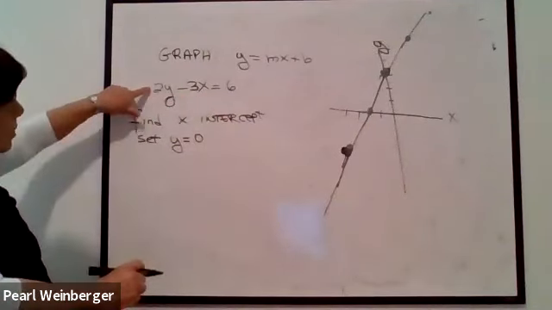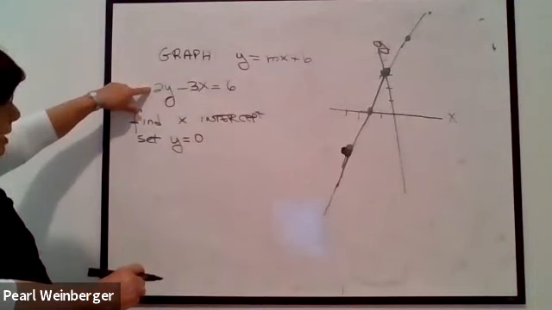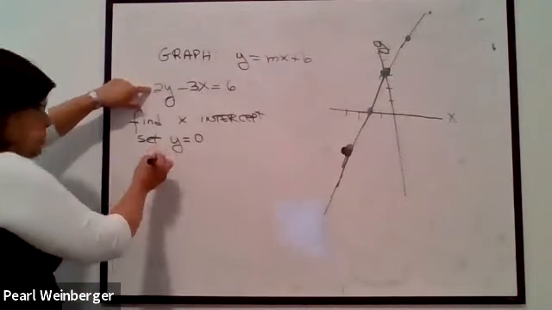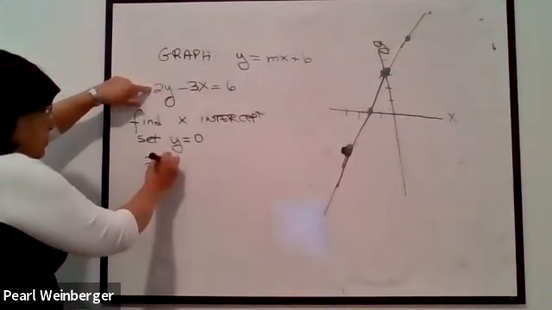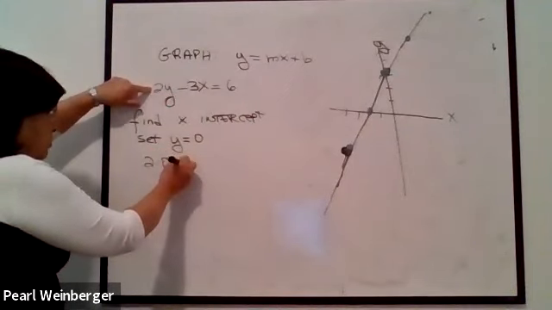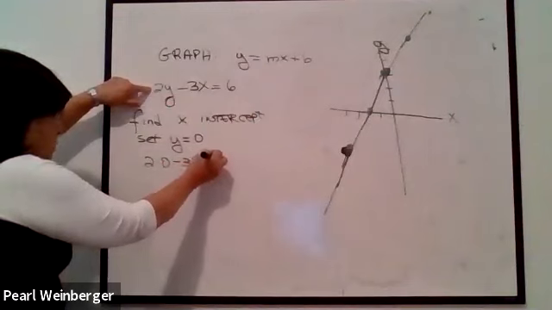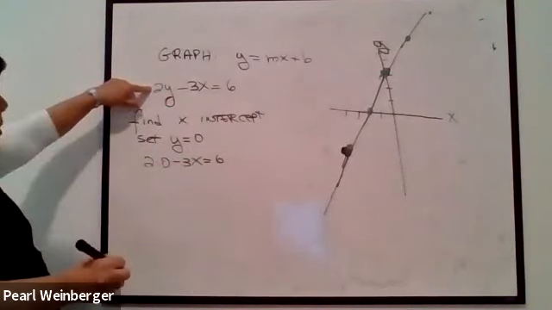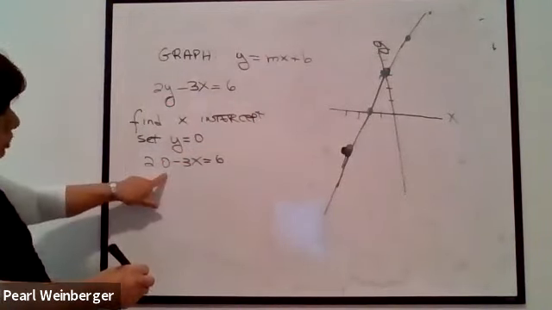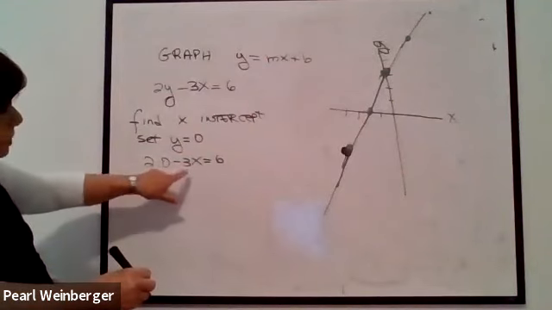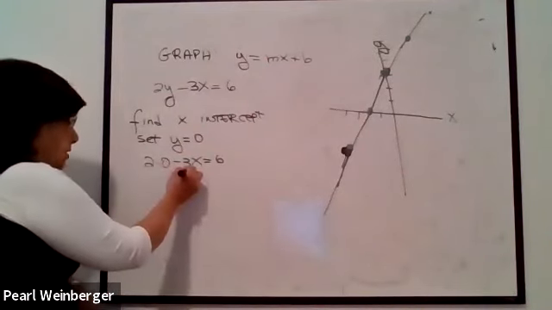If I take my original equation and replace the y with 0, I get 2 times 0 minus 3x equals 6. Now 2 times 0 is just 0, and 0 minus 3x is just negative 3x.